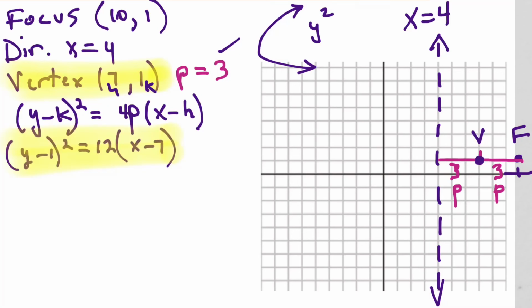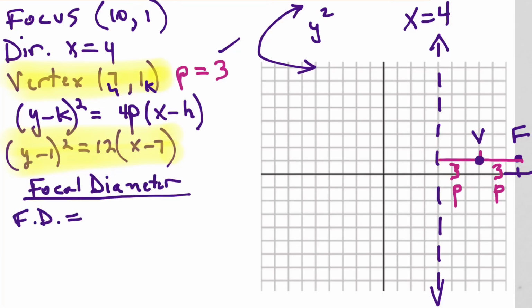One more thing to do, let's get it on the graph. So we need to find the length of our focal diameter. The length of our focal diameter is 12, so half of 12 is 6.